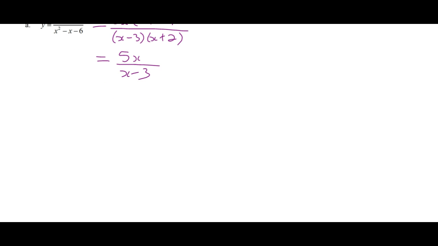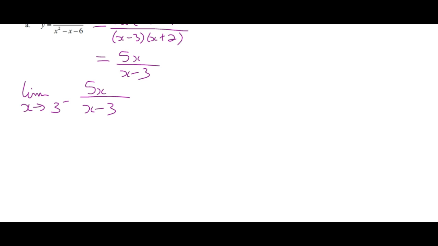So we're going to do the limit as x approaches 3 from below, right? Because we know that both branches could be going up, or one up, one down. We've got to figure out what the behavior is, right? And then we'll draw a little sketch just to show that. So the limit as x approaches 3 from below of 5x over x minus 3.